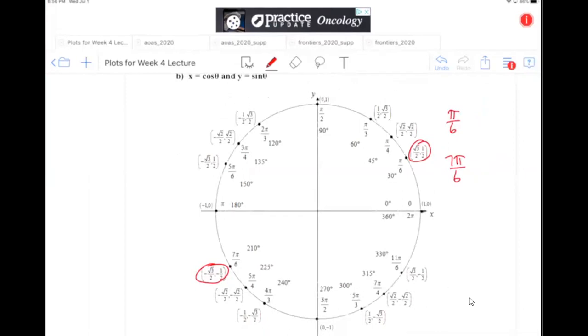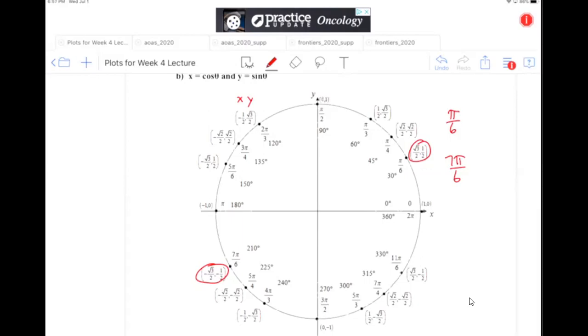That's something you can memorize to remember where the angles are located. But also take a look at all the numbers in the x and y coordinates. There's a lot of repeated values. There's lots of 1/2, lots of square root of 3/2, lots of radical 2/2. So there's lots of repeats, which makes this easy to memorize.